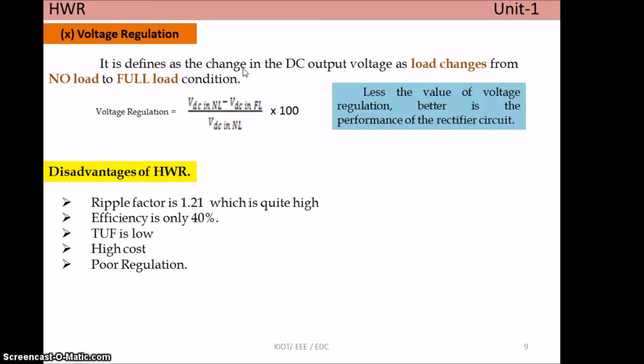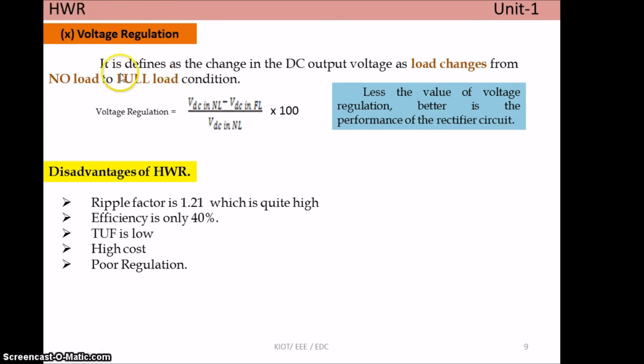Whatever the changes in the load, if this half wave rectifier is capable of maintaining a constant voltage, then only can stability be assured. If there are variations in the voltage, fluctuations will be very high, and this circuit is not acceptable for practical applications. So for finding that, we calculate voltage regulation.